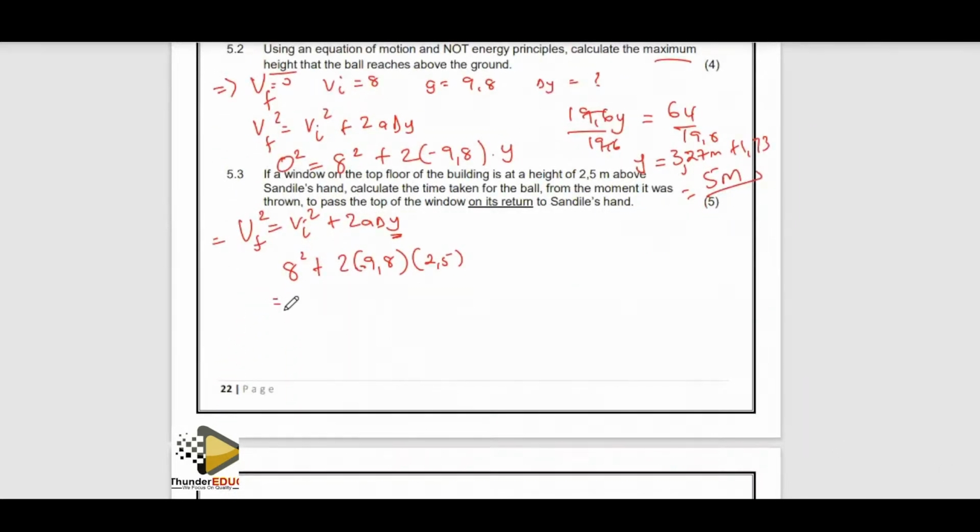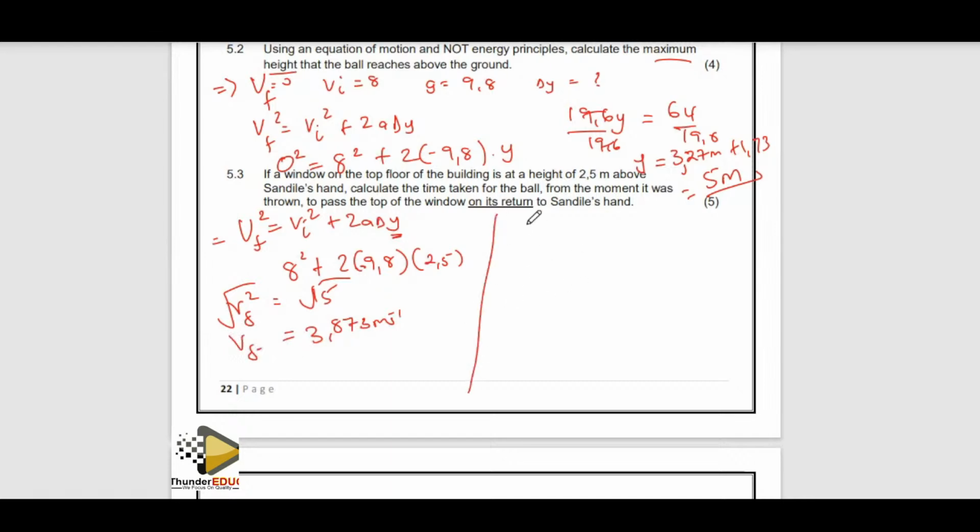Okay, when you sort this out, 8 squared plus 2 times negative 9.8 times 2.5. Oh Lord, what's going on? I'm getting 15, and the square root of 15 is 3.873 meters per second. Okay, this is like our final velocity.